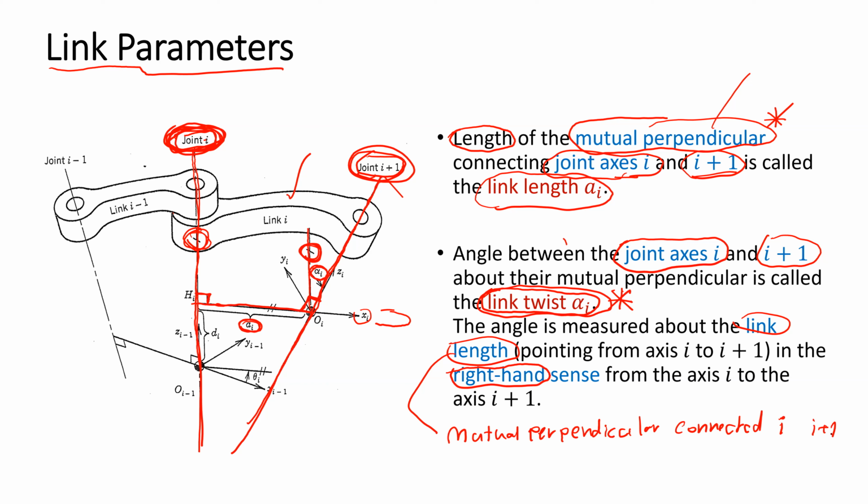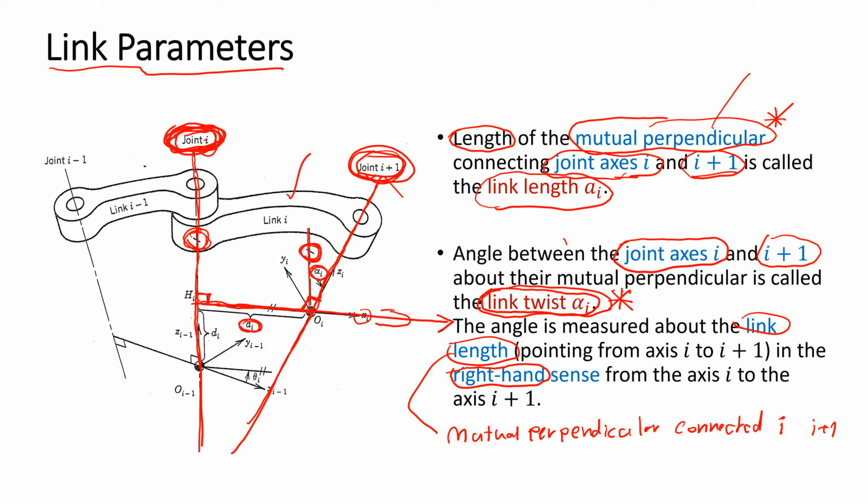The mutual perpendicular that connects joint i to joint i plus 1 is this line, and the direction points in this direction.